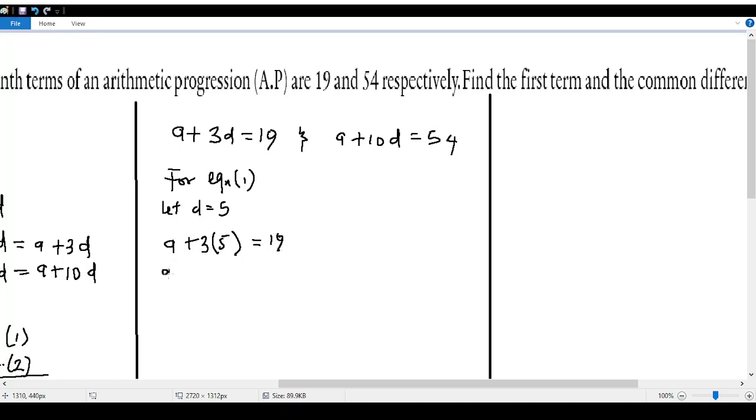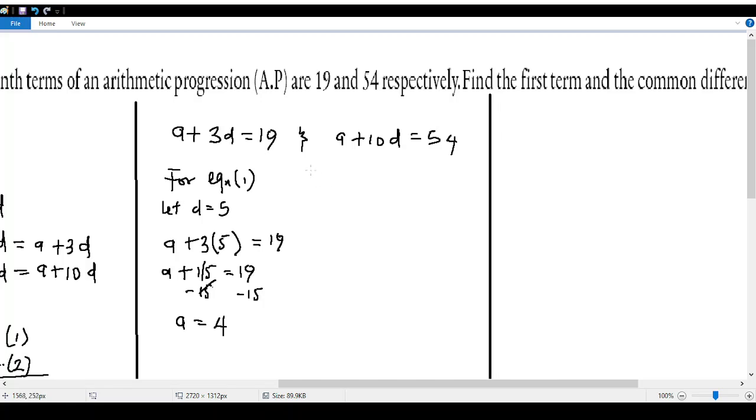So a plus 3 times 5, which gives you 15, equals 19. So we subtract 15 from both sides. 15 cancels out 15, and then we have 0. What's left on the other side of the equation is a now. a is equal to 19 minus 15, which gives you 4.